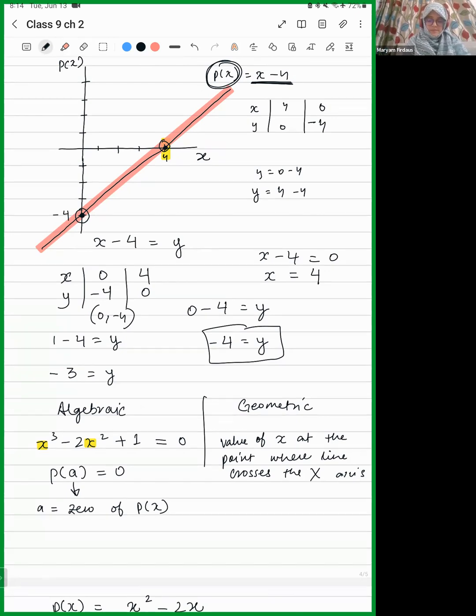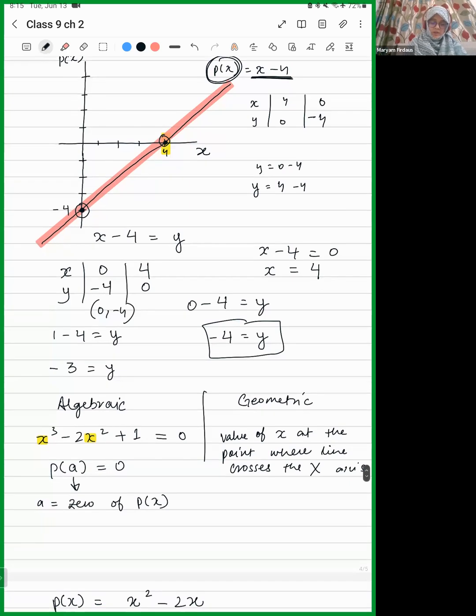What did I tell you about the zero of a polynomial when it comes to a graph? It is the point at which the line crosses the x-axis. Can a straight line cross the x-axis at more than one point?